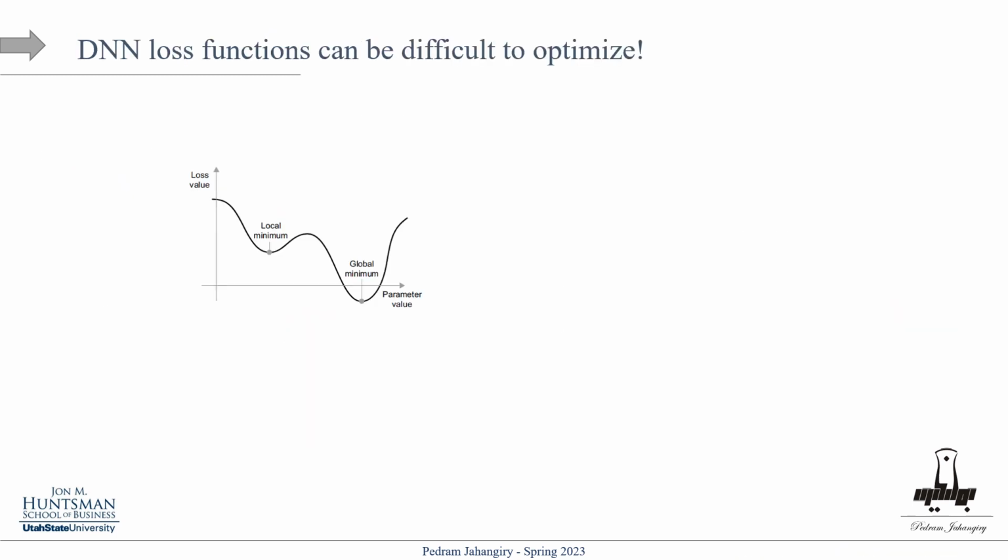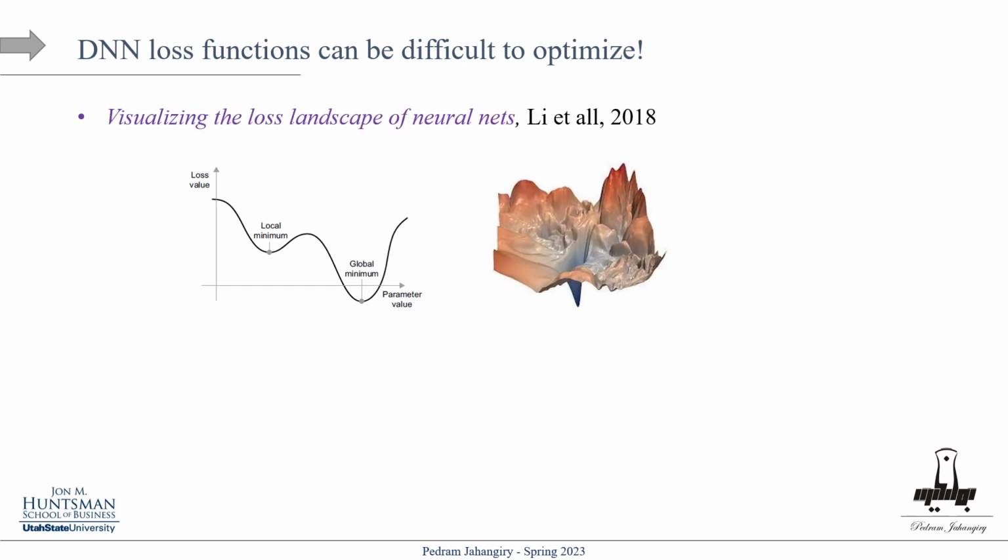Okay, now let's see why we should go beyond the gradient descent or stochastic gradient descent algorithm. The idea comes from the fact that, especially in neural networks, the loss function is not necessarily well behaved, right? It's not clean. So here's a visualization that you can see for a deep neural network loss function.